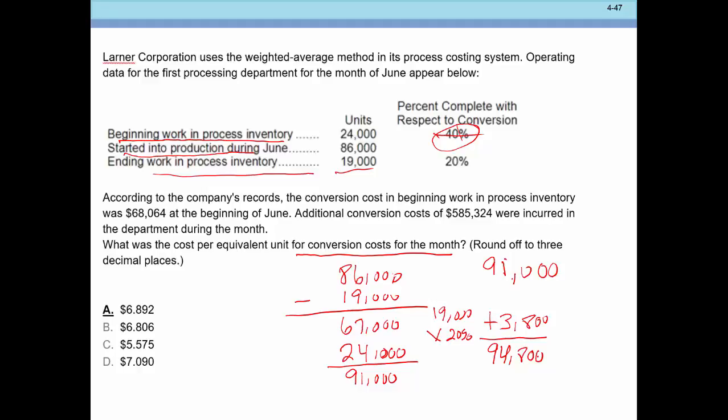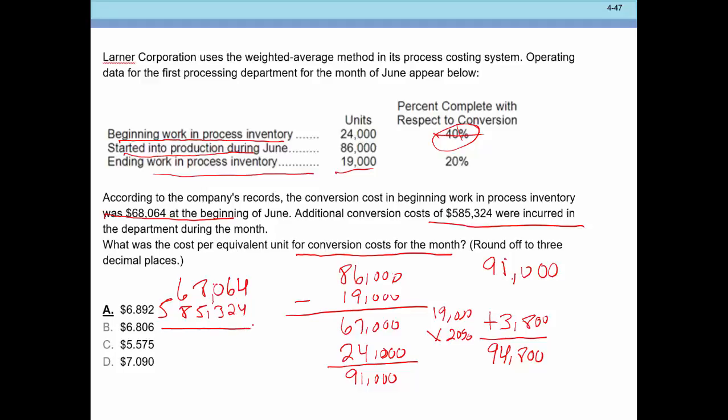Now, in those other problems, this was victory. Now, here we've got another round to go to get the cost per equivalent unit. Okay. So what do we pick up? Both the cost of the items that were in beginning inventory and the cost of the items that were added for the period, don't we? Right? We pick up all the costs. And when we do, we take that 68,064 and we add the 585,324.